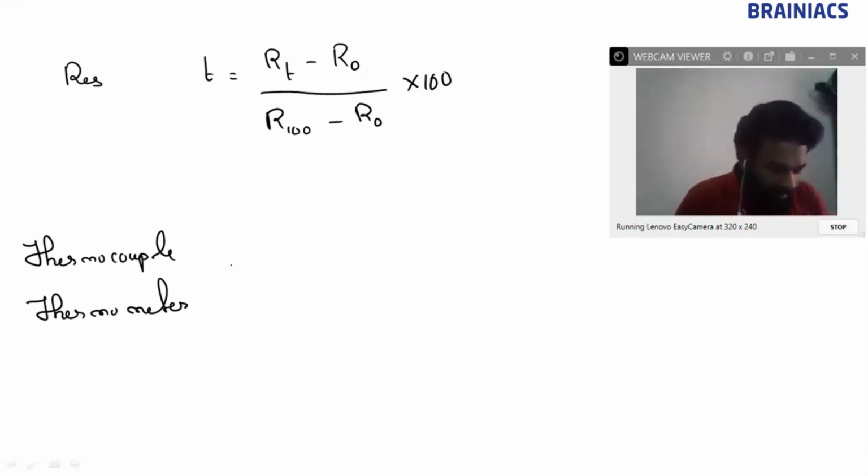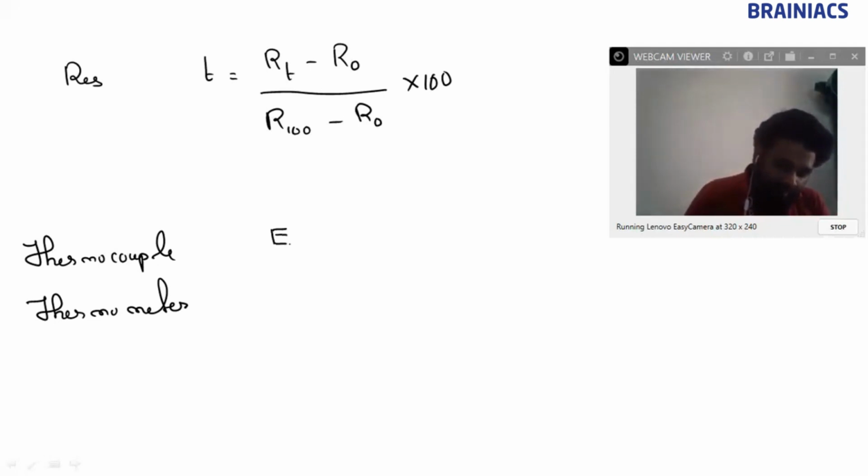Thermo EMF will be generated between the junction of thermocouple. In detail we don't need to study this. At least these points which I am giving, you just keep them in mind.